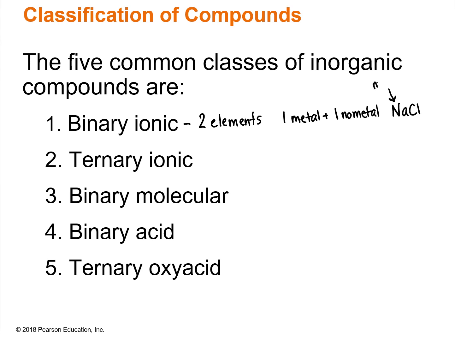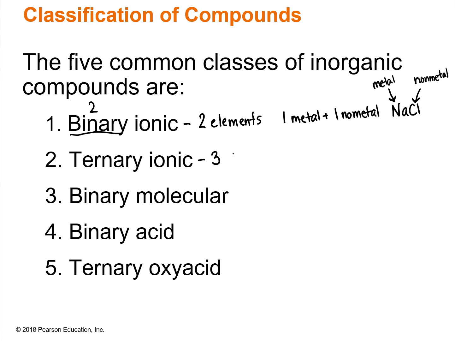Na, that's sodium, it's the metal. Cl is chlorine, that's the nonmetal. Anytime that you see the word binary, you should think 2. So these are all hints for how to classify compounds. 2 elements, think binary.